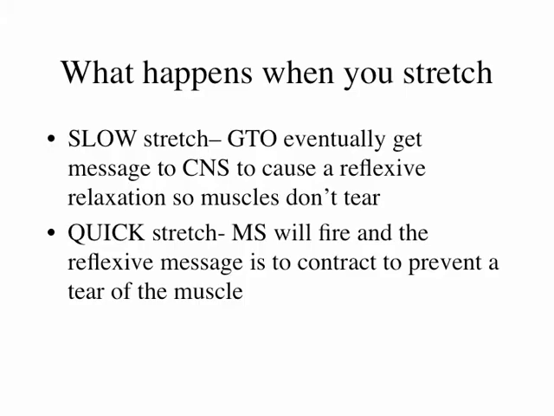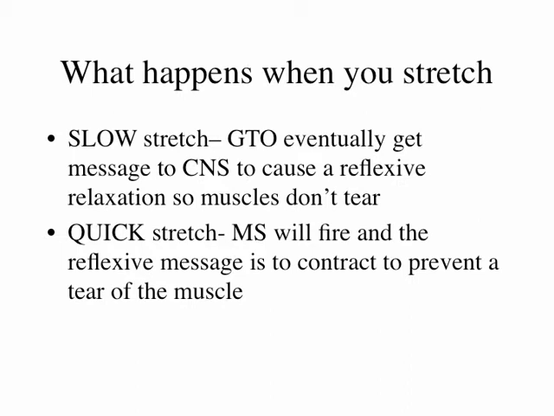So in review, let's talk about what happens when you stretch. It all depends on the speed that you stretch. So if you do a slow stretch, so let's say we're stretching our hamstrings, and we're going very slowly, but we continue to stretch and stretch, and we could go so far that we put so much tension on the muscles that we cause the Golgi tendon organs to actually fire.